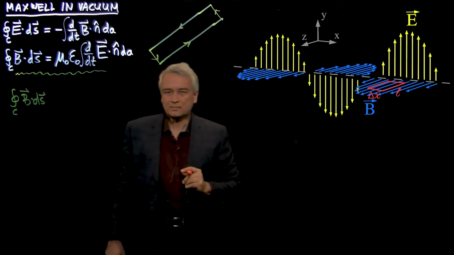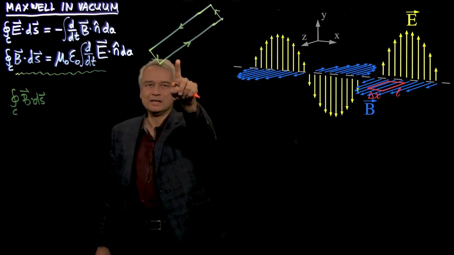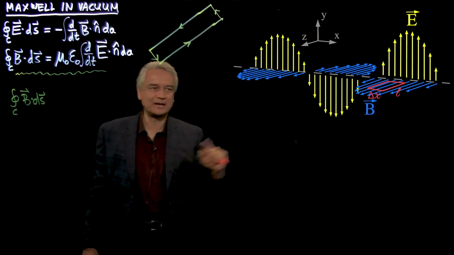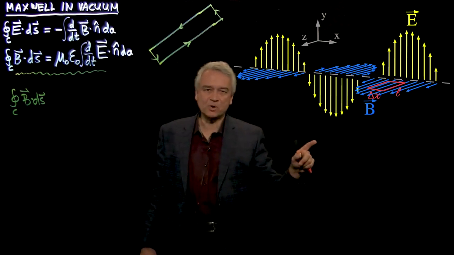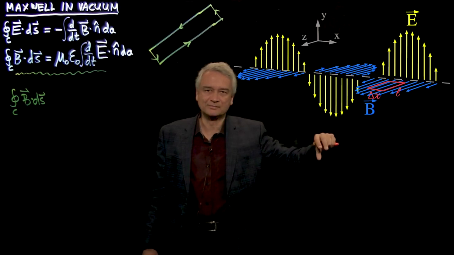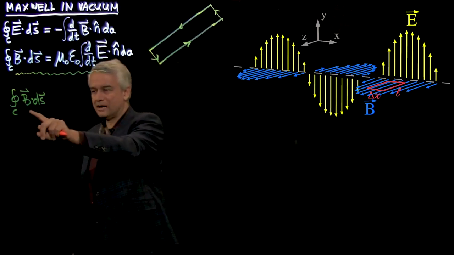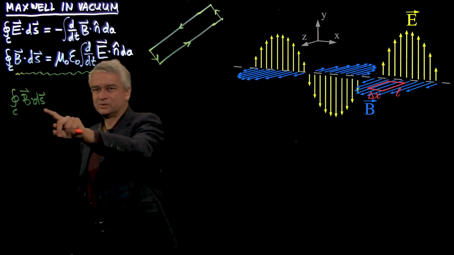Now, you can see the way I chose the orientation of this red rectangle, if you look at the diagram: I chose it so that the long side of the rectangle is in the B direction. I did that because I wanted to pick up a non-trivial integral of B dot ds.